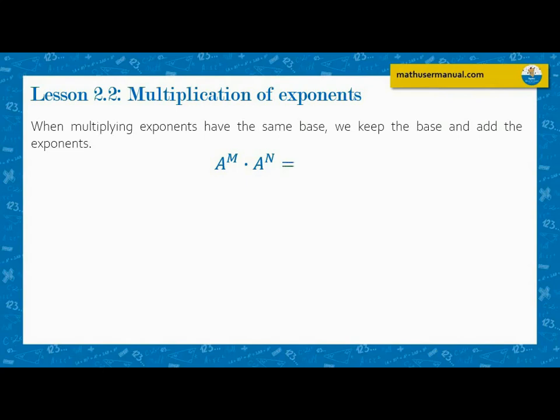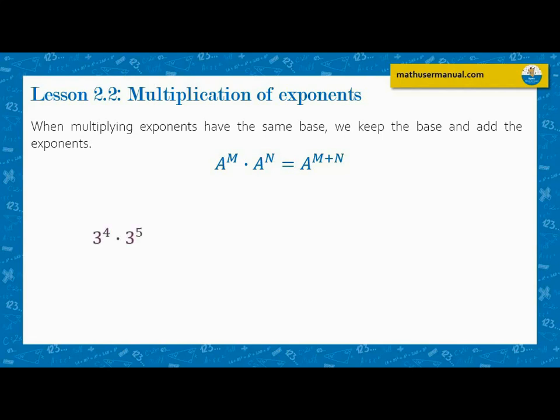First, we have to make sure that the bases of the exponents are equal, which in this case they are. Both of the bases are a, so we copy them into just one base. And after that, we add the exponents, m plus n. And this is the property. a to the power of m times a to the power of n is equal to a to the power of m plus n.